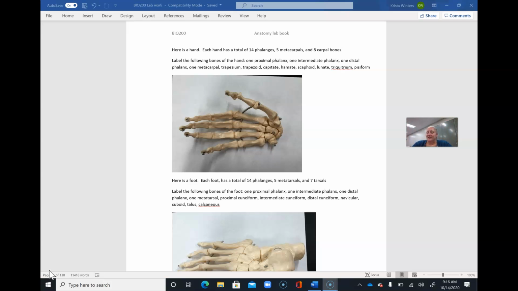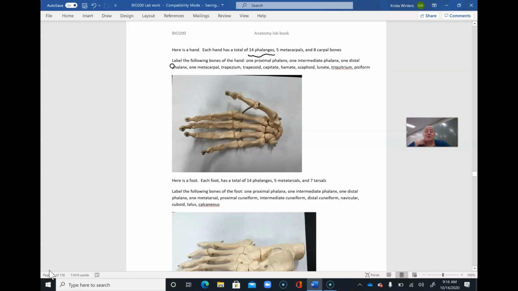It's always interesting to go through, and we talk about how you have to know 206 bones of the body. And people are like, wow, that's a lot of memorization. But every single body has two hands, and on each hand there are 14 phalanges.